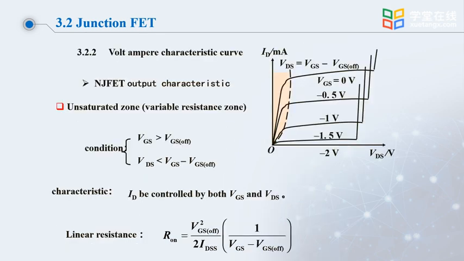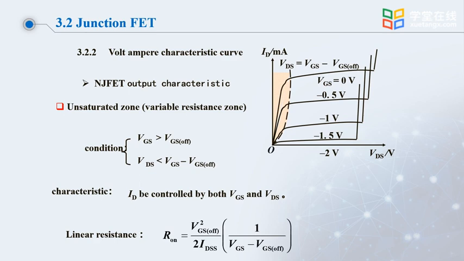The volt-ampere characteristic curves of a junction FET include output and transfer characteristic curves. When VGS is larger than VGS off, that is, the channel is not broken, and VDS is less than VGS minus VGS off, that is, when the channel is not pre-clipped, VDS is actually small in this area.